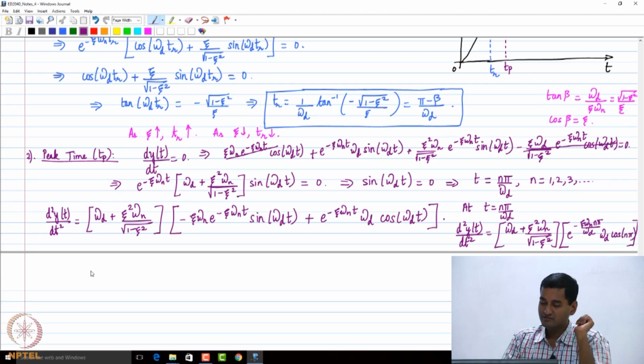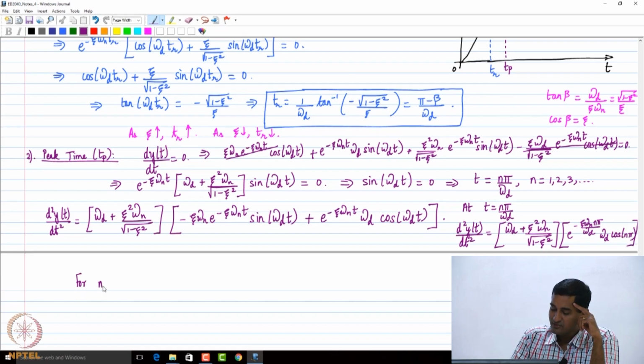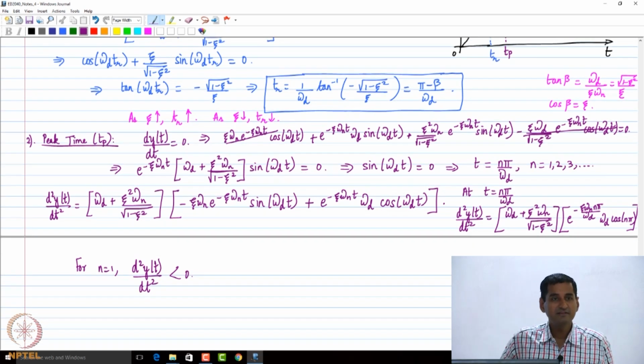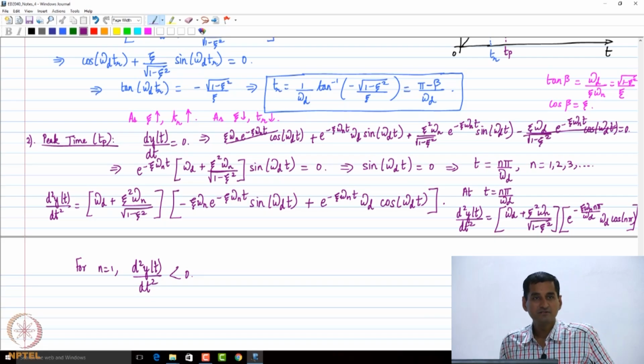Now we see that for n equals 1, the second derivative becomes negative. For n equals 2 or so, the second derivative is positive, which indicates a local minimum.